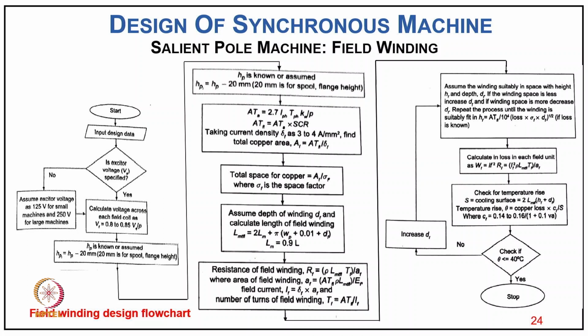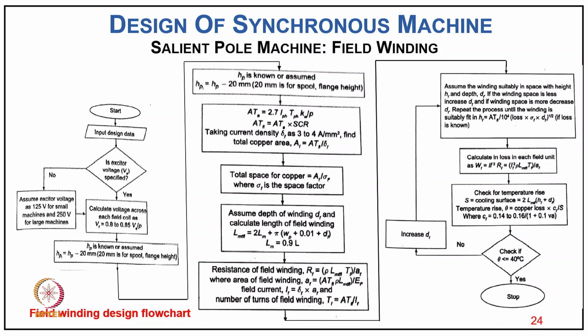Then assume the field winding is suitably fit in the space height HF and depth DF. If the winding space is less, then increase the DF, and if winding space is more, then decrease the DF, and repeat the process until the winding suitably fits in. Then DF equal to ATF upon 10 power loss into sigma F into DF, under root of that, if loss is known.